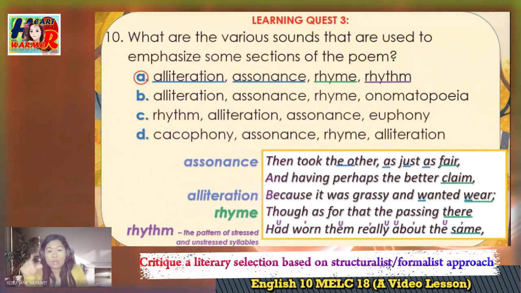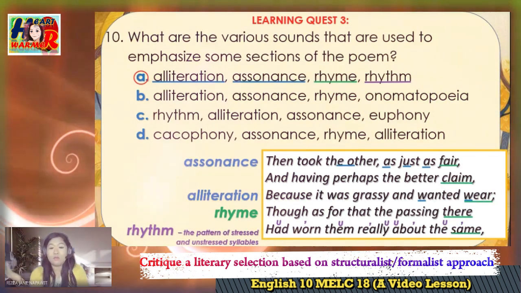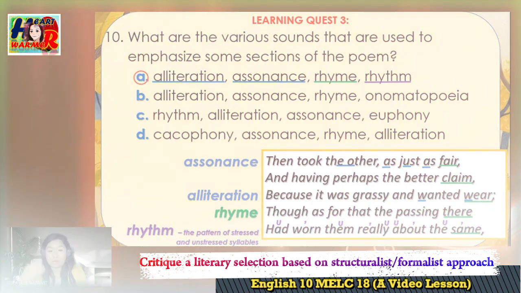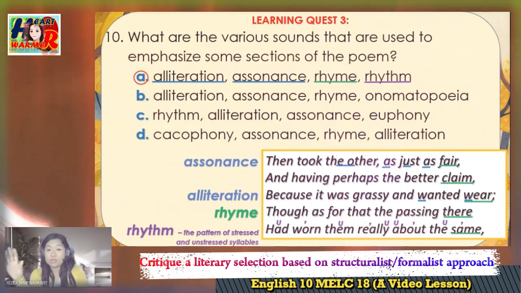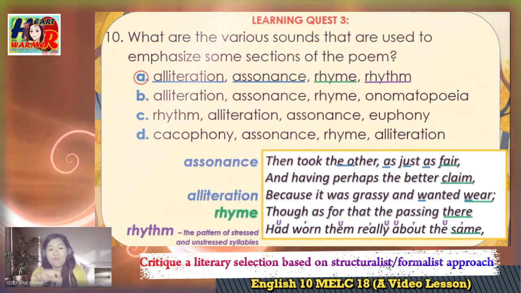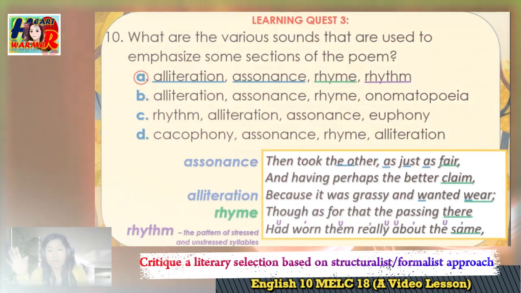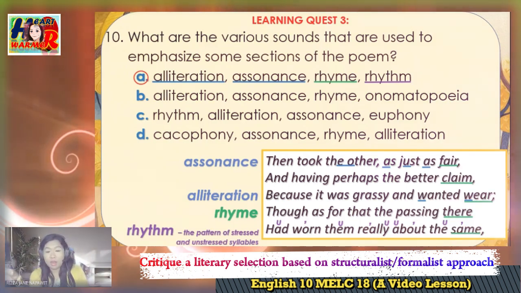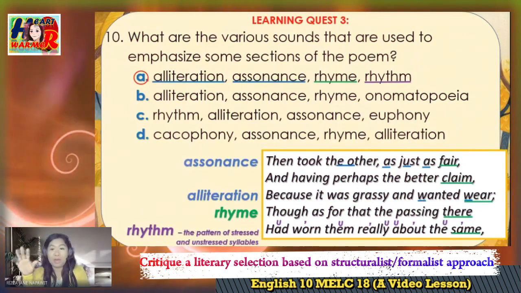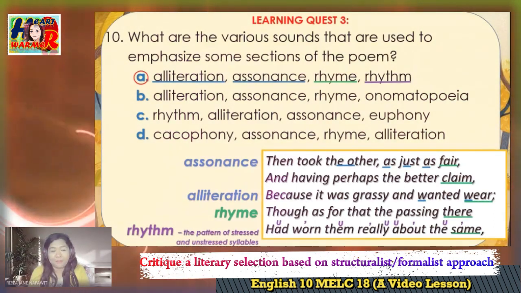"Had warned them really about the same." So same with the rest of the lines. If you'll notice, there's a certain pattern of stressed and unstressed syllables. "Then took the other as just as fair, and having perhaps the better claim, because it was grassy and wanted wear, though as for that the passing there had worn them really about the same." So because of this, there's a certain rhythm achieved in the poem.